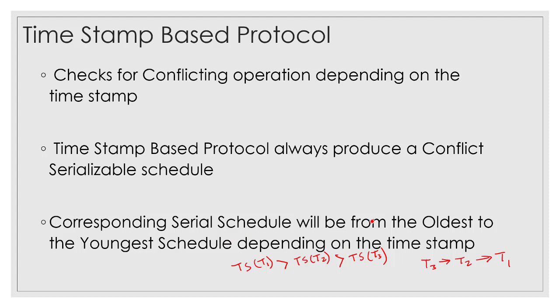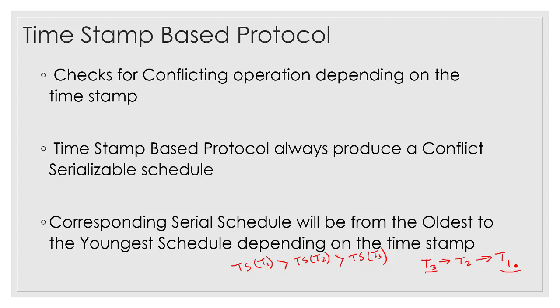But this is a very important point to understand the concept of the timestamp based protocol. If you remember this, each and every condition of timestamping will be much easier for you to understand. The oldest transaction will be executed first, and at the last, the youngest transaction will be executed, depending on their timestamp, meaning when they are coming to the processor to be served.